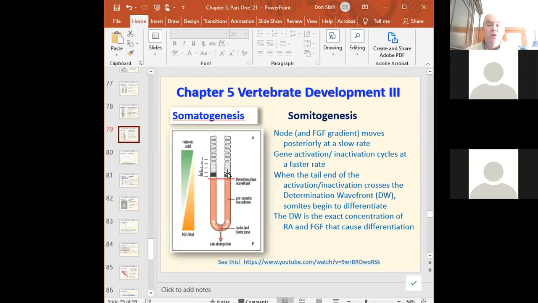At that point, there's no FGF anymore, so the cell no longer responds to FGF, and boom, it differentiates. Let's see some animations about that. This is a really complicated thing, so I've got a couple animations to watch here that hopefully are going to help with that. Where are we?